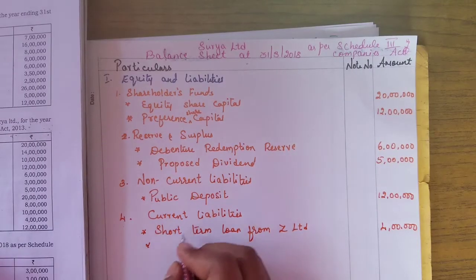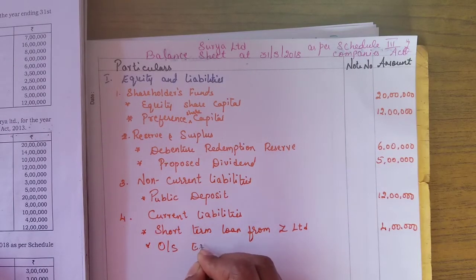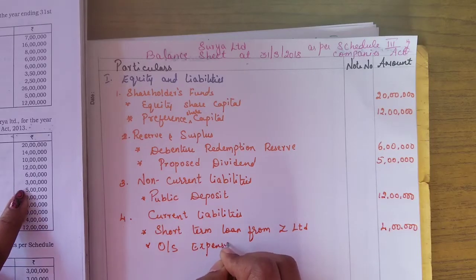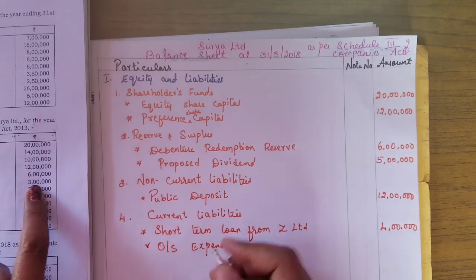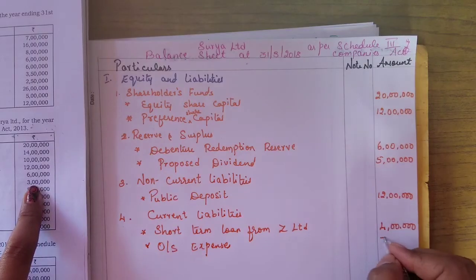And we have outstanding expenses amounting rupees 3 lakhs.